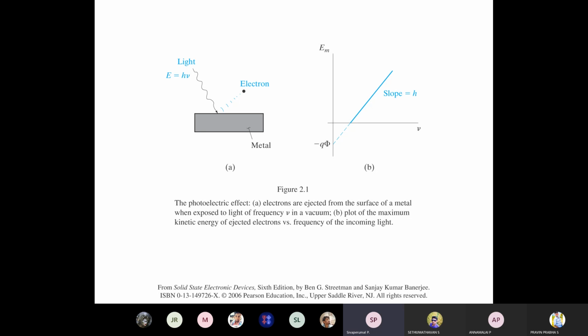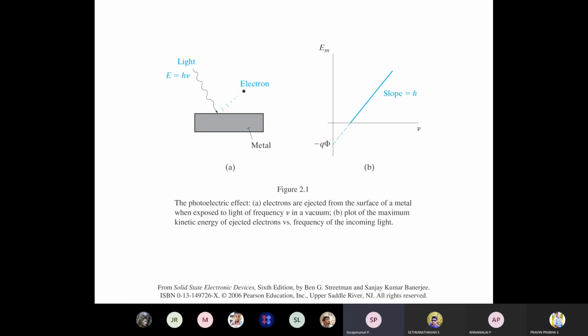Based on these two values, you express it graphically. It becomes a slope format: plotting the maximum kinetic energy against the frequency of the incoming light gives a straight line in a slanting, positive position.